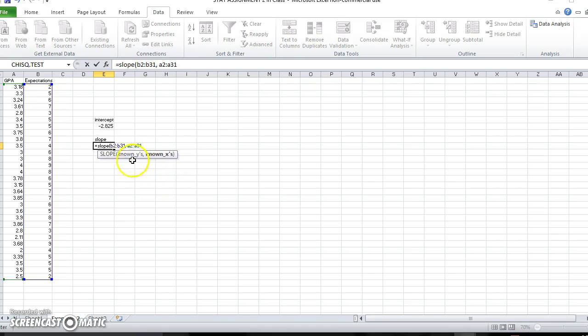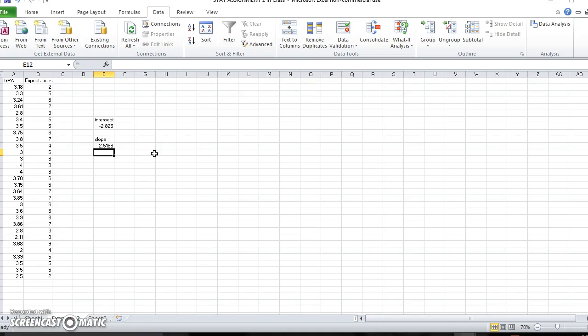Again, your known y is your outcome variable, so what are you interested in predicting? Your known x is your explanatory variable. And 2.5188 is the slope.